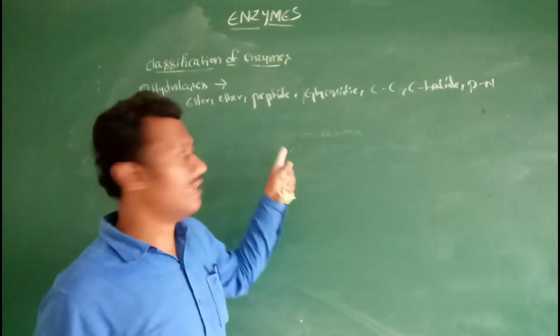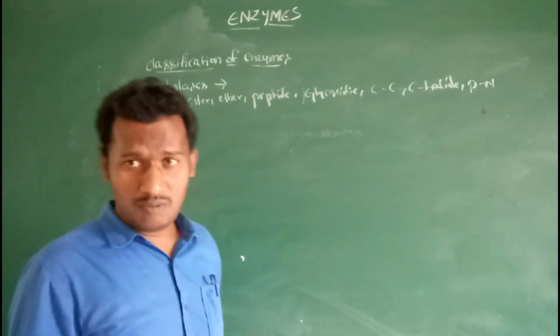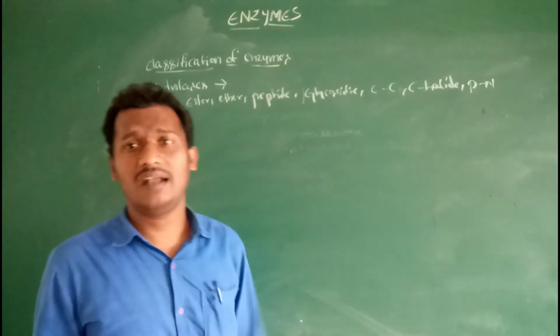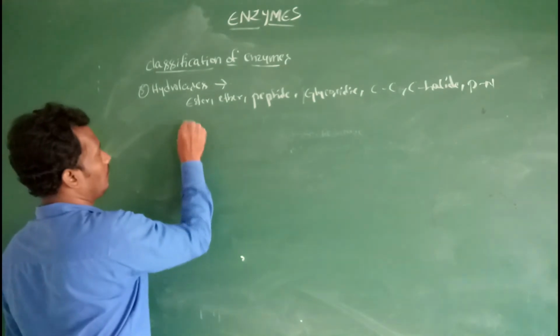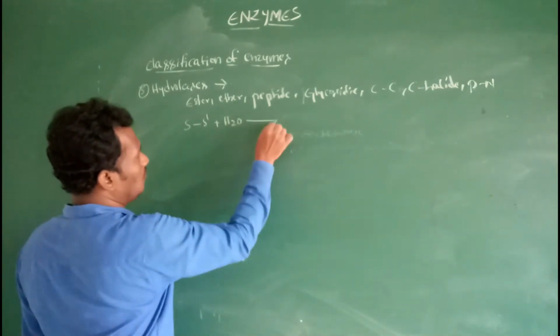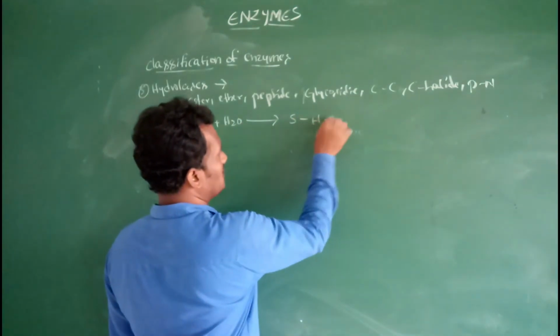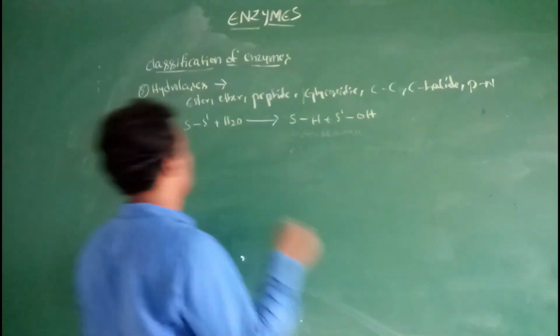These enzymes break ester bonds, ether bonds, peptide bonds, glycosidic bonds, carbon-carbon bonds, C-halide bonds and P-N bonds. S-X plus H2O gives S-H and X-OH.